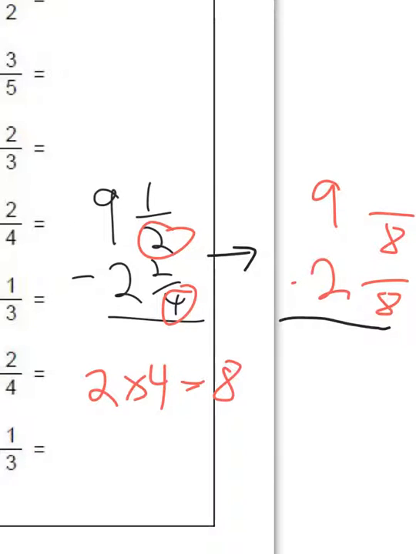Now 4 times what was 8? 4 times 2, right? So what is 2 times 2? 4. Why? Because whatever you do on the bottom, you're going to do on the top, right? Now 2 times what is 8? Times 4. What do you do on the top? So we have 1 times 4 and it's 4, right?